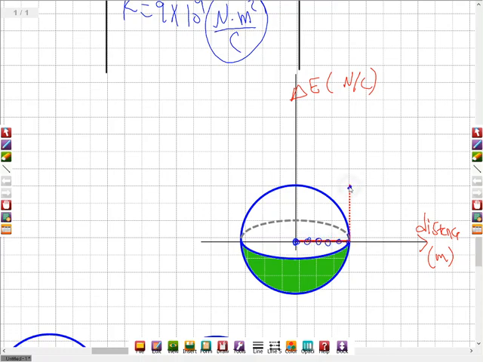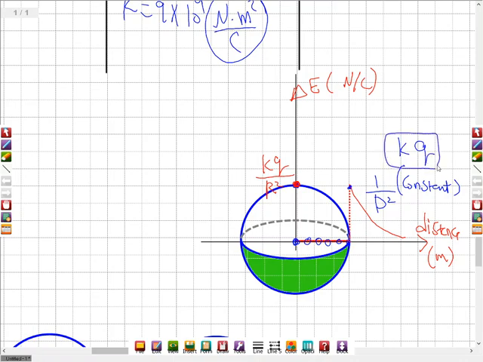Suddenly it comes to this point, which is on the surface, and has a value, which we just solved for you: kq over r squared. Then after that, the electric field decreases as 1 over D squared, times a constant that depends on k and q. This is for conductors.